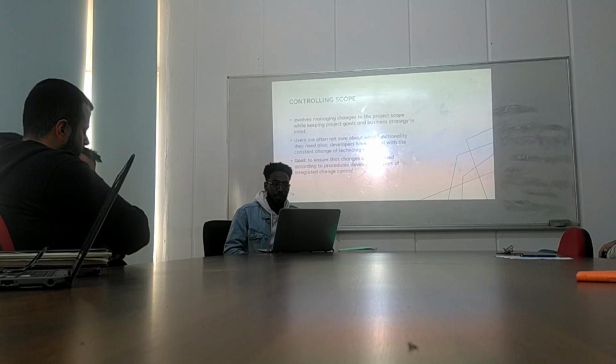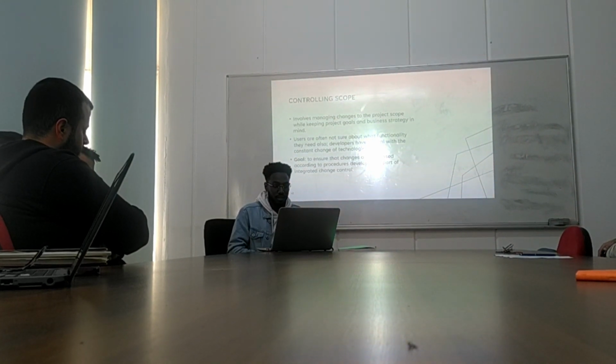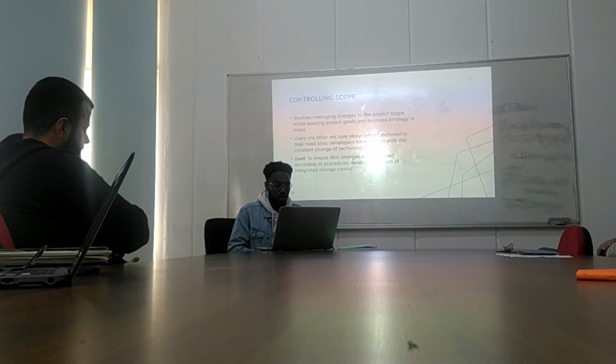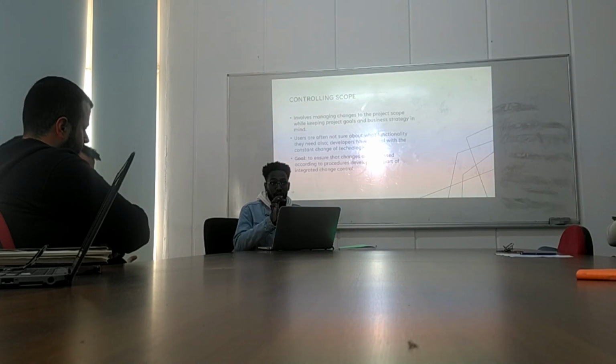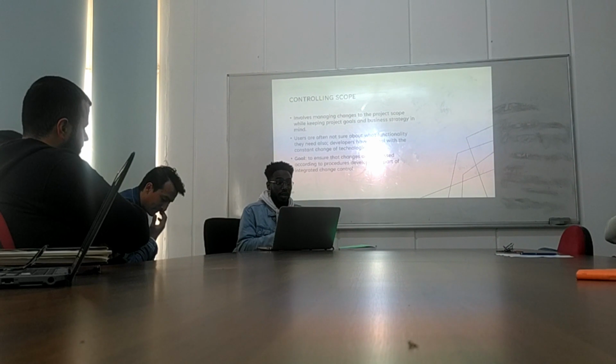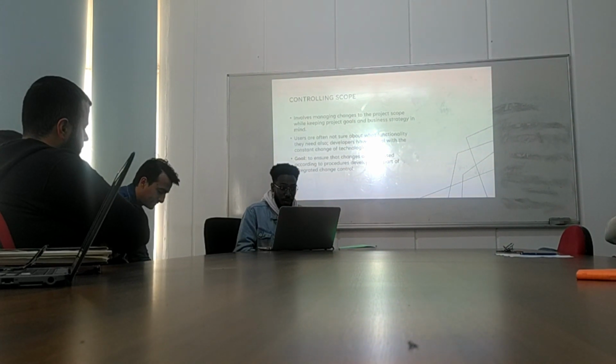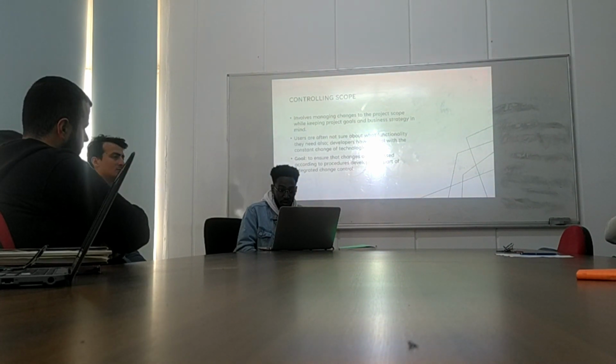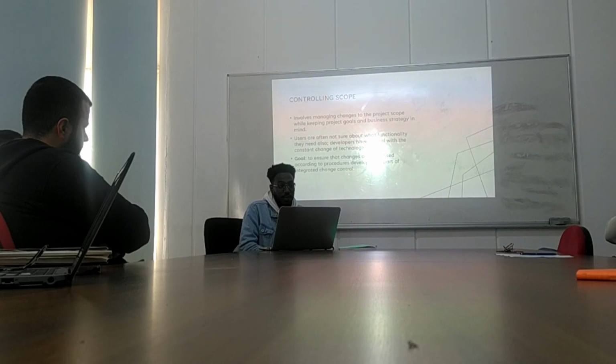And then the last step in the processes that we have for project scope management is controlling the scope. In each project that we have, especially in IT projects, some changes might happen in the later stages of developing or creating the project. Controlling scope involves managing changes to the project scope while keeping project goals and business strategy in mind.